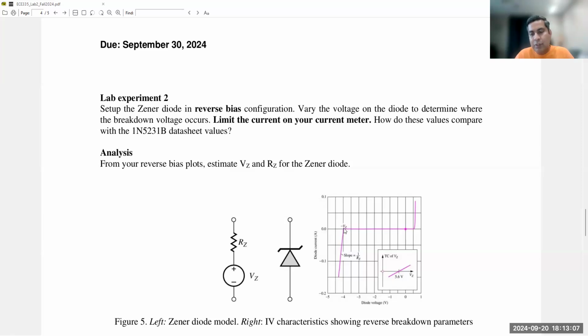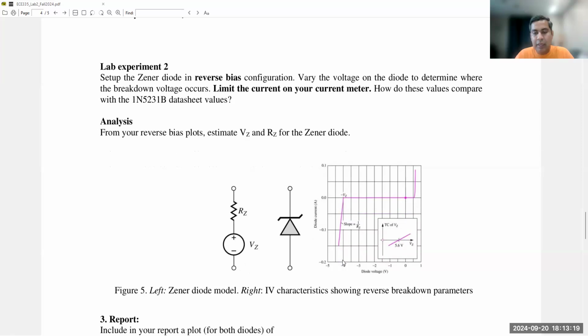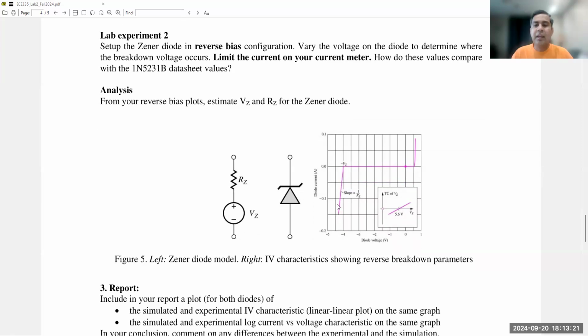That point is your VZ or Zener voltage, and the slope of the current plot is going to give you 1 by RZ, and you can find out the RZ value from that. You can extract the data from LTSpice and plot them in MATLAB, and then you can calculate these values from simulation. So once you're done with the simulation, you basically go into your experiment.